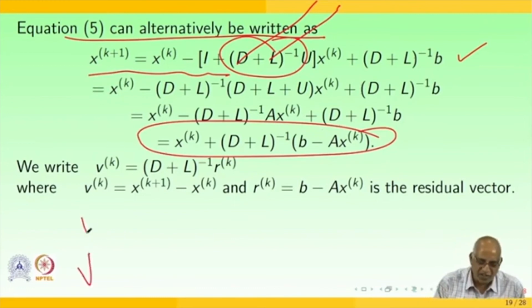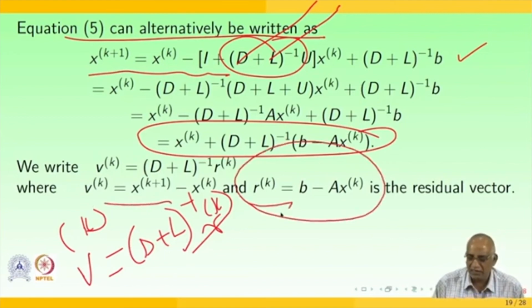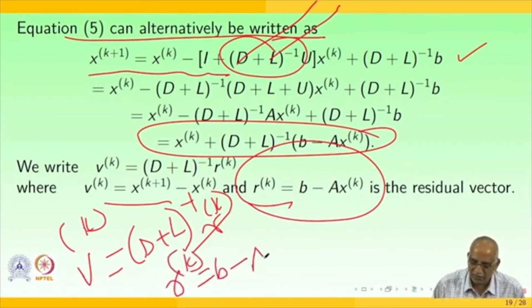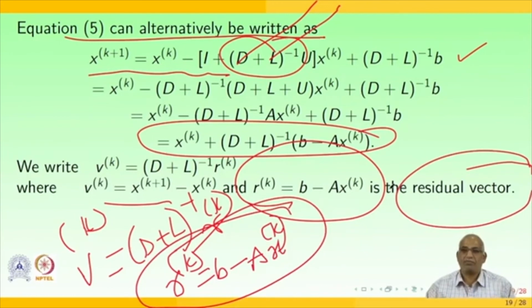where this v of k will be (D plus L) inverse times r of k, and this v of k is x of k plus 1 minus x of k, and the residual is very, very important. r of k is nothing but b minus A x of k, the residual.